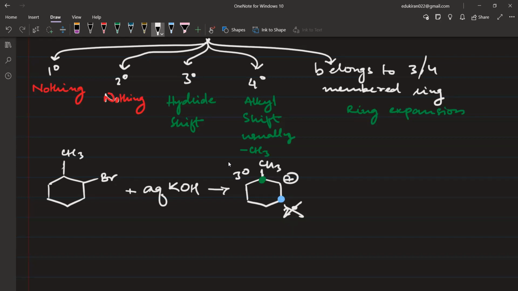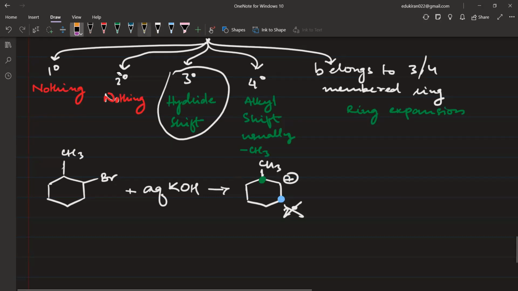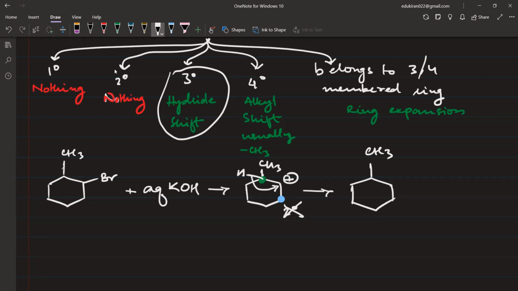3 degree. 3 degree में क्या होता है? Hydride shift, है ना? And I think all of you must know that this particular green carbon atom has a hidden hydrogen, है ना? क्योंकि 3 बॉन्ड बना रहा है, चौथा बॉन्ड हाइड्रोजन के साथ होगा. Now this hydrogen is the one which is going to shift here, and you are going to get a positive charge on that 3 degree carbon atom. यहाँ पे CH3 था, and you are going to get a positive charge here.